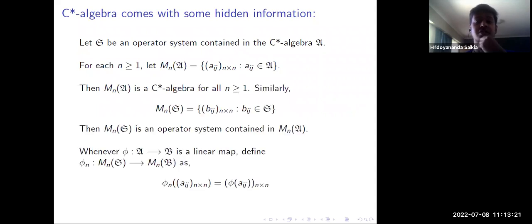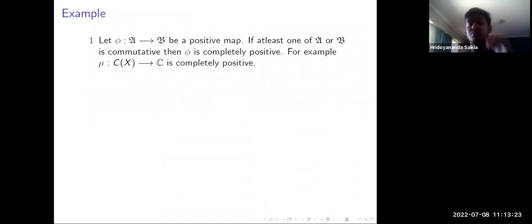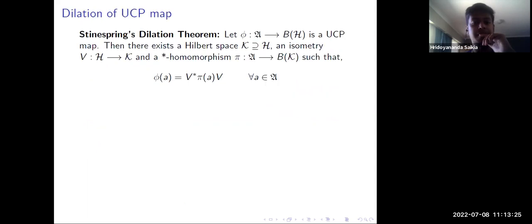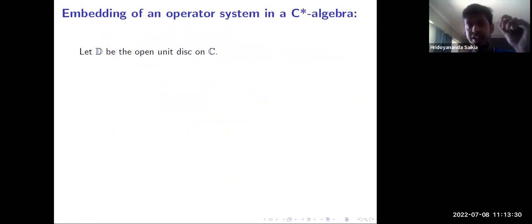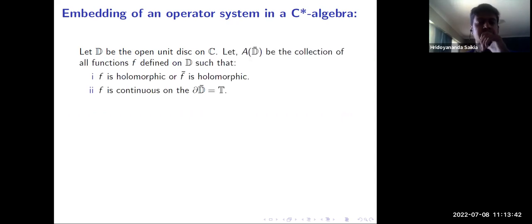All right, now, it is easy to see that if we are given an operator system S, then there can be multiple C-star algebras in which we can embed those objects. For example, let D be the open unit disk on the complex plane.